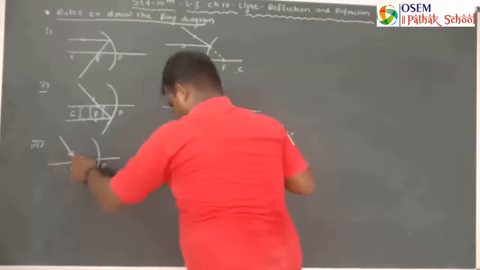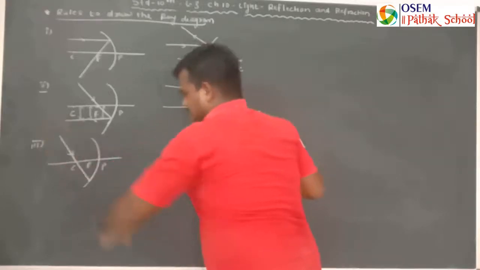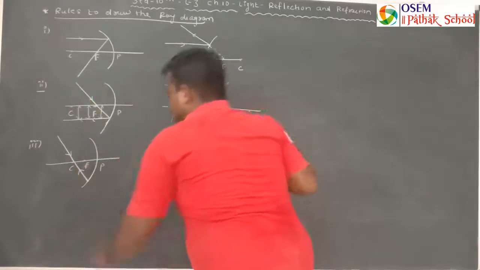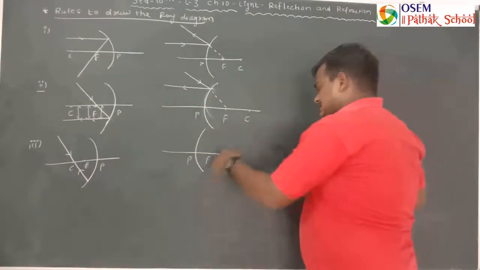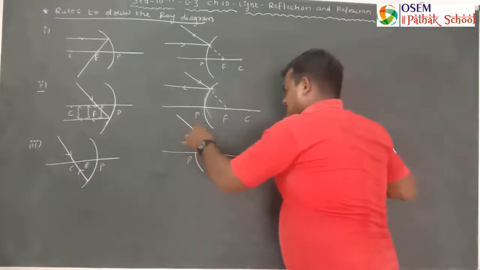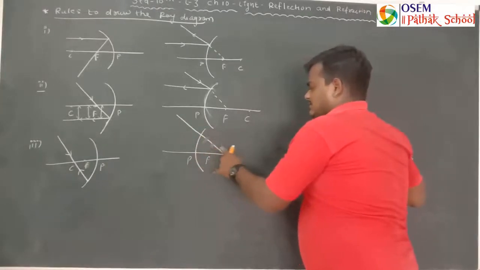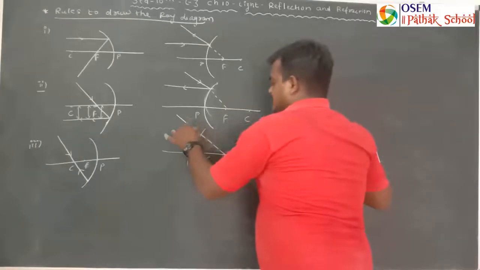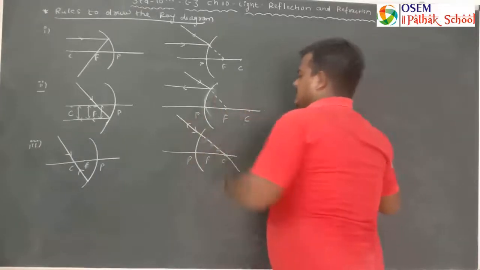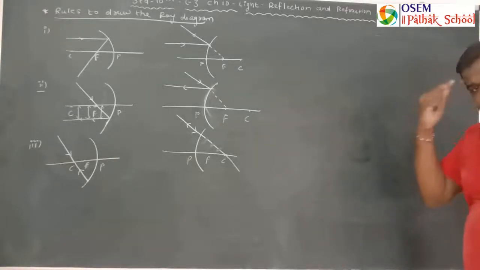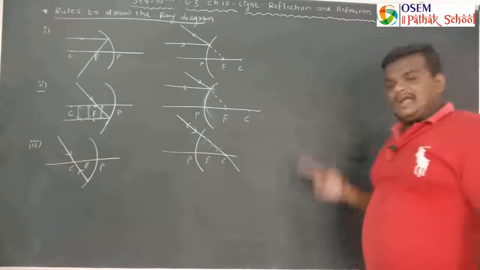So after being reflected, it moves in the same direction. In this case also, the light ray which seems to be passing through the center of curvature seems to be reflected in the same direction. So these are the three different rules that you have to set in your mind.